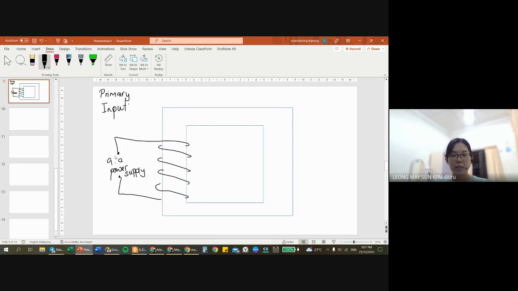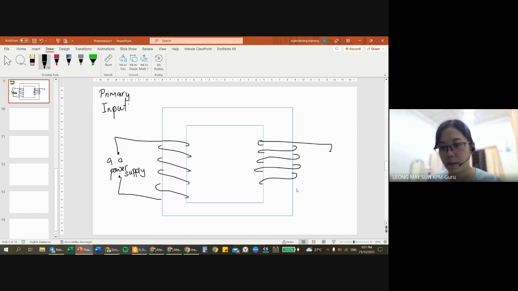And then at the other side, we will have our secondary coil coming out here. At this part, this is known as secondary. It is also known as the output.